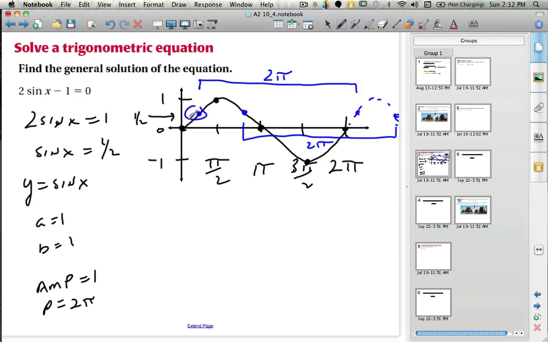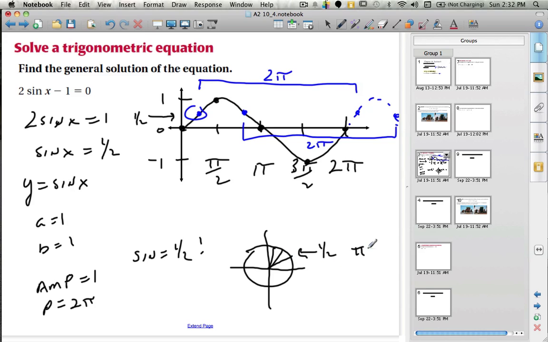Thinking back to the unit circle, where does sine equal 1/2? Sine is related to the y values. Where y is 1/2 would be right here, that's pi over 6, or 30 degrees.